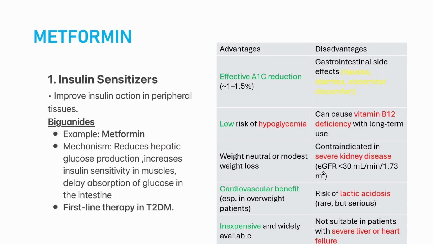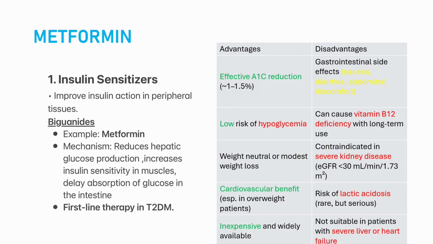And that is why it's not suitable in patients with kidney disease, where the GFR is less than 30, and severe liver or heart failure. Why not in heart failure? Because in heart failure, the blood flow and the oxygen supply to the tissues are reduced, so there is more risk of lactic acidosis.